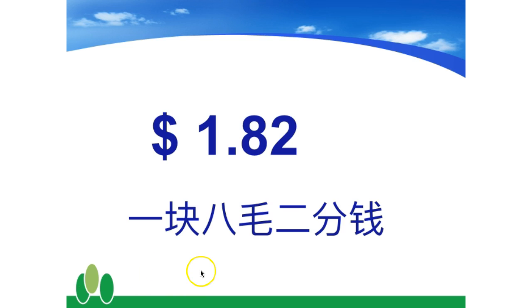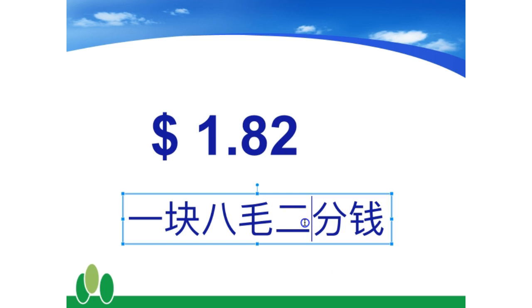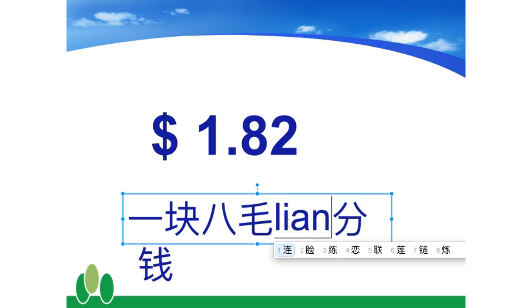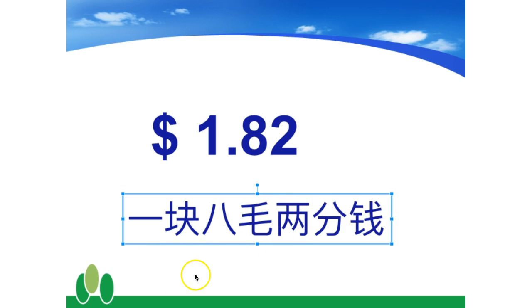1块8毛2分钱. That's $1, 80 cents, 8 dimes, and 2 cents. $1.82. Now, technically, this here should be a liang. Right, according to our rules here, it should be 1块8毛2分钱.